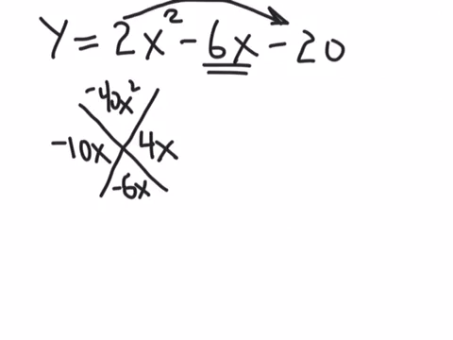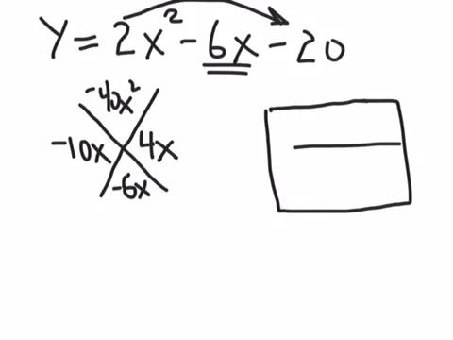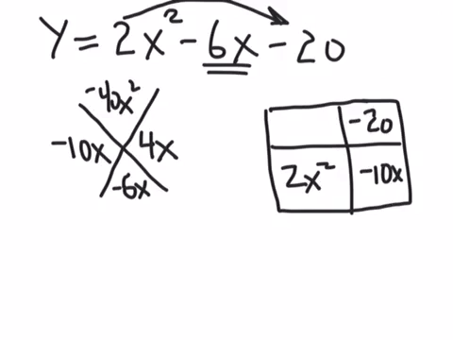Okay, there we go. And then we've got this box. It looks like this. We got 2x squared there, negative 20 over there. We've got negative 10x, and what's the other one? Oh, 4x.